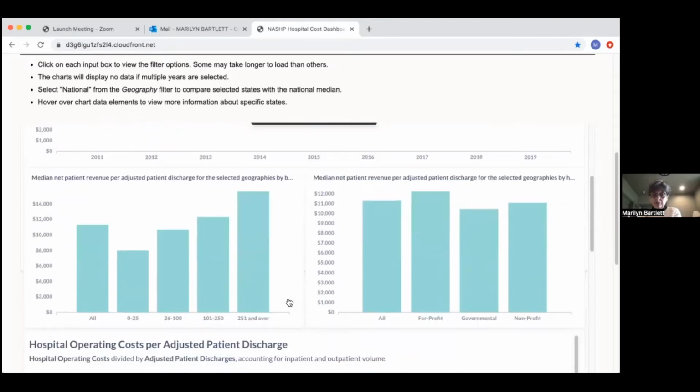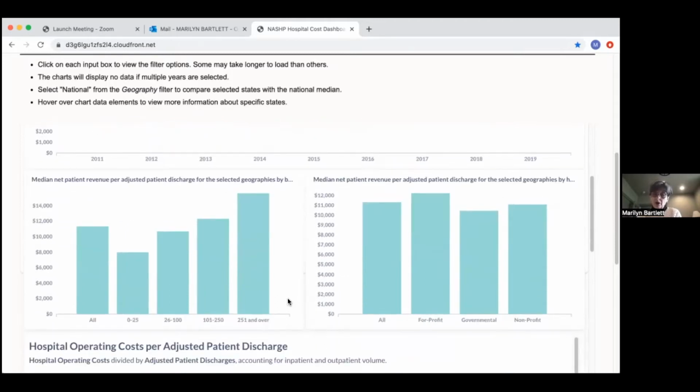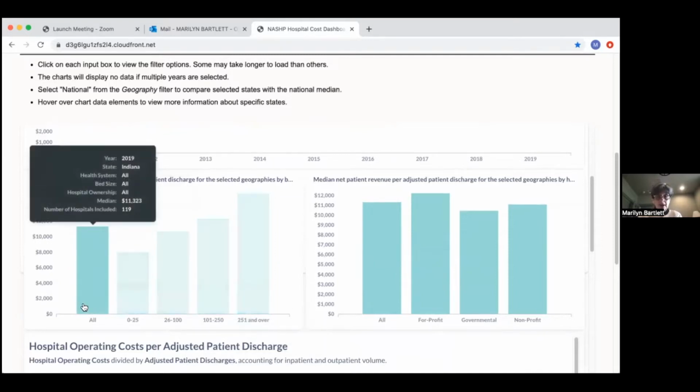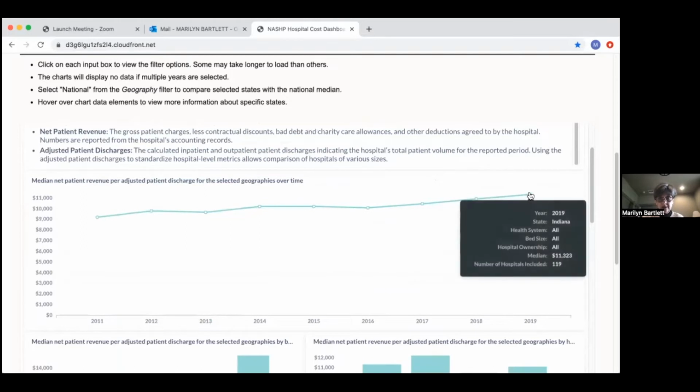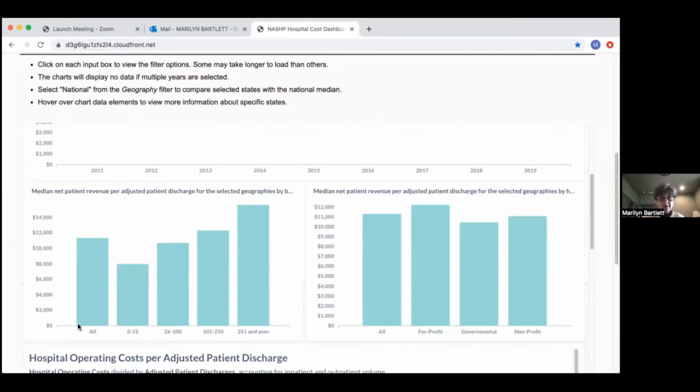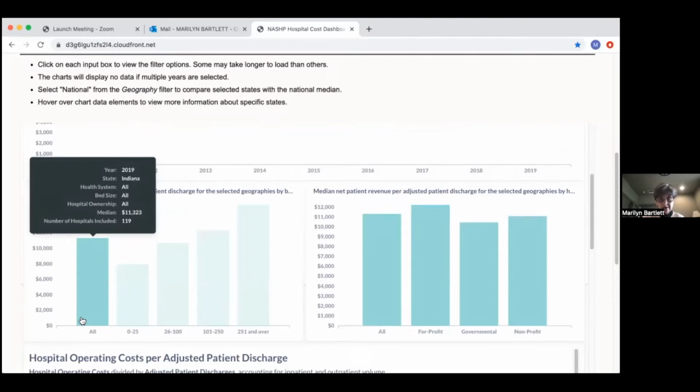To get to the deeper detail, we've got bar charts. And since I chose 2019, this is the data for 2019. For all, you'll see the median for 2019, and that will tie to this, the 11,323. But you'll see the distribution across bed size.